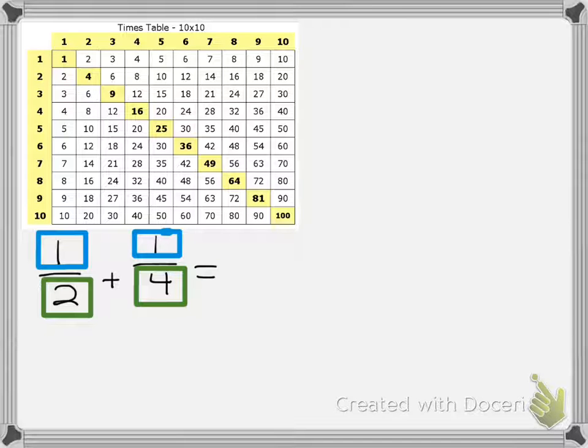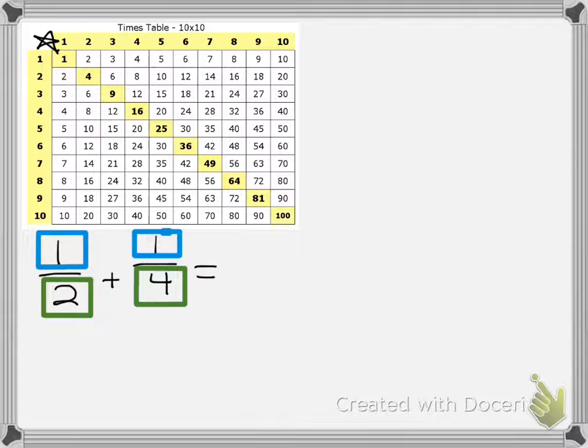All right. So now what I would like to call your attention to before I do anything else is right above these numbers, you will see a times table, which is right here. In order to find common denominators, it's very helpful if we know our multiplication facts.